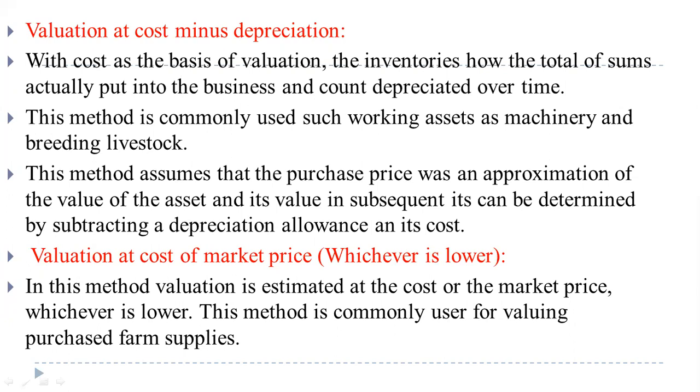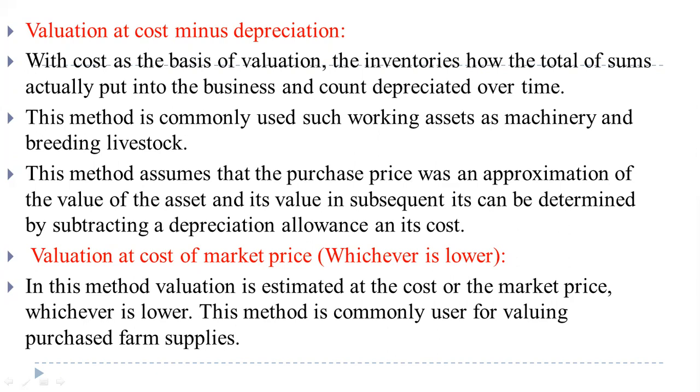Now, second method, valuation at cost or market price, whichever is lower. In this method, valuation is estimated at the cost or market price, maybe production cost or maybe market price of that asset, whichever is lower, you have to take into consideration. This method is commonly used for valuing purchased farm supplies.